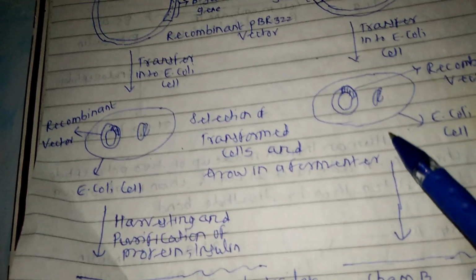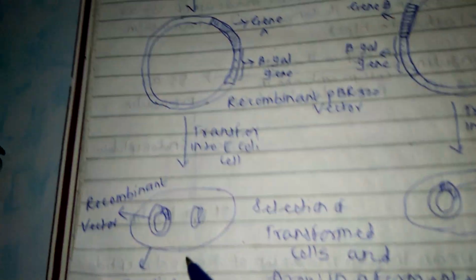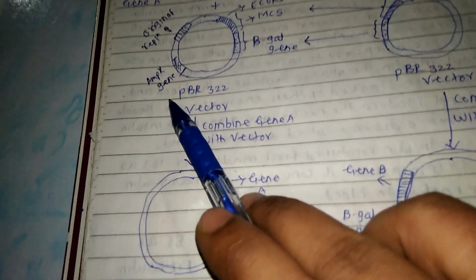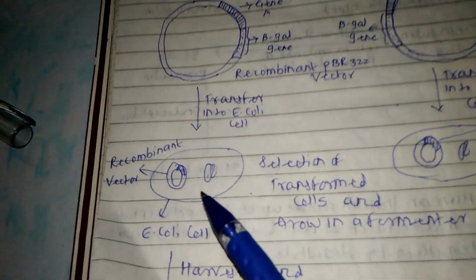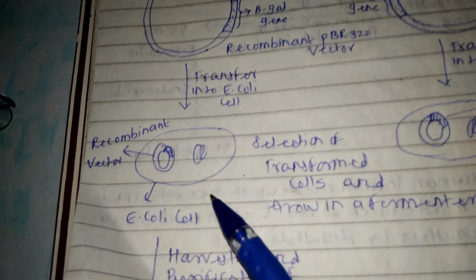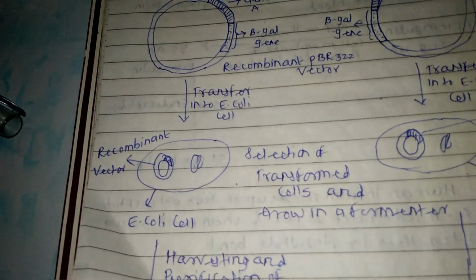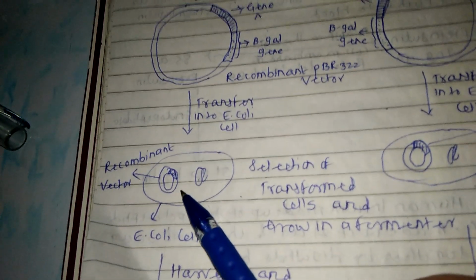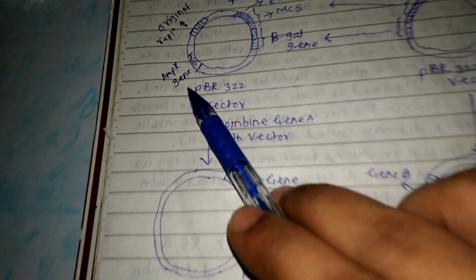The transformed cells are selected by the screening method. Here the ampicillin resistance gene is present, that's why these bacterial cells are grown on an antibiotic containing media. Only transformed cells grow on an antibiotic containing media. Non-transformed cells do not grow, because in transformed cells the recombinant vector is present, and on the recombinant vector the ampicillin resistance gene is present.